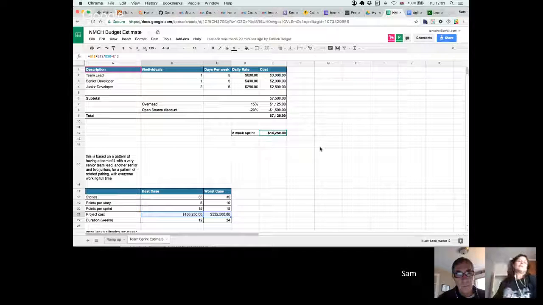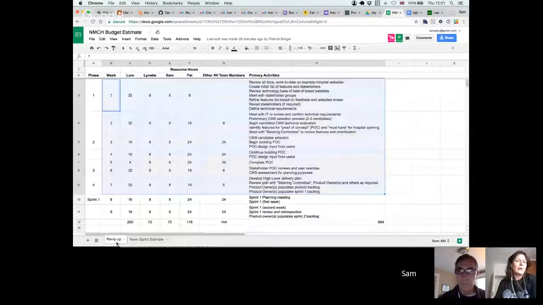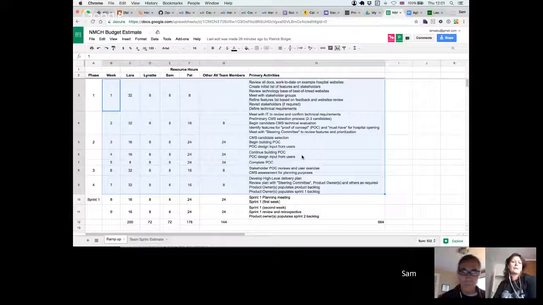Sure. And then payment terms, because that's one thing they want to know. What would the payment terms be after each sprint? Well, I would make them monthly milestones. I would say the sprint is a 2-week thing, which I think is a little short.